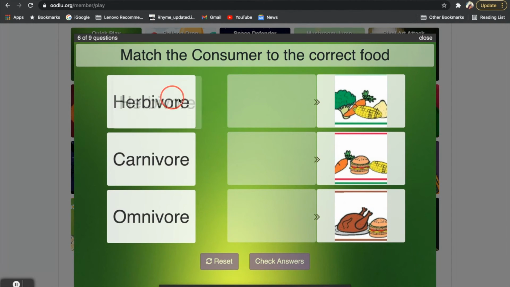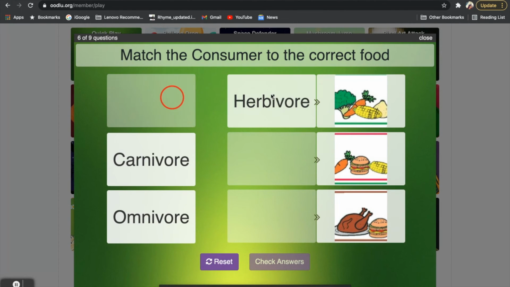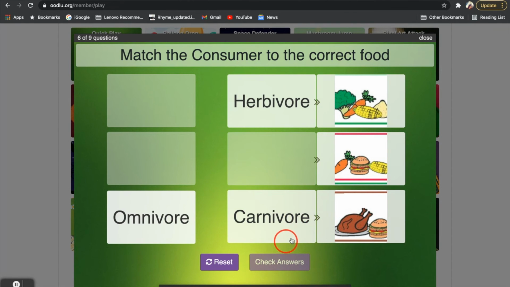If you said with the broccoli, carrots, corn, and onion, that is correct. How about the carnivore? Who is the carnivore being matched up to? Is it the carrots, burger, and corn? Or is it just the chicken and the burger? If you said the chicken and the burger, that is correct.